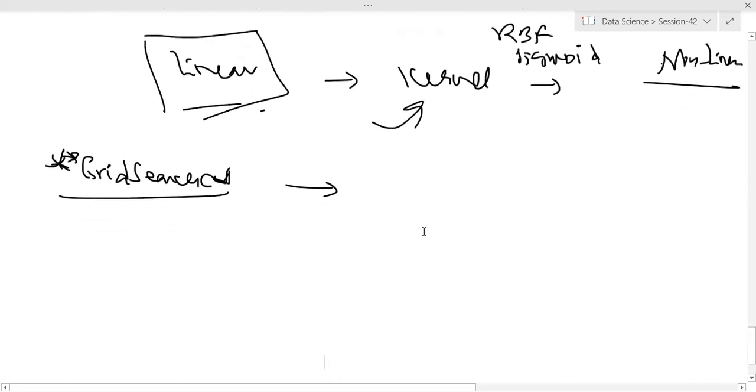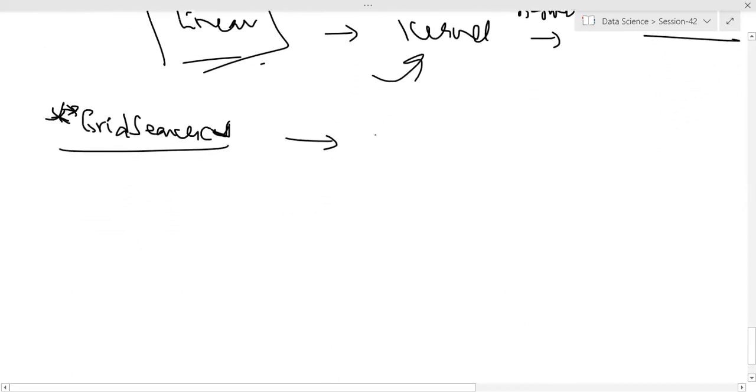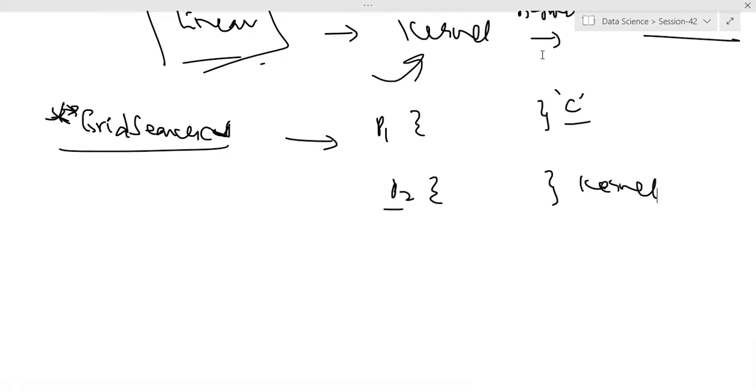Suppose I have two parameters, parameter 1 with certain values and parameter 2 with certain values. The first parameter is C, the regularization parameter we have seen. And the second, P2, is my kernel trick. Suresh has given an answer: it gives the best. Very good.